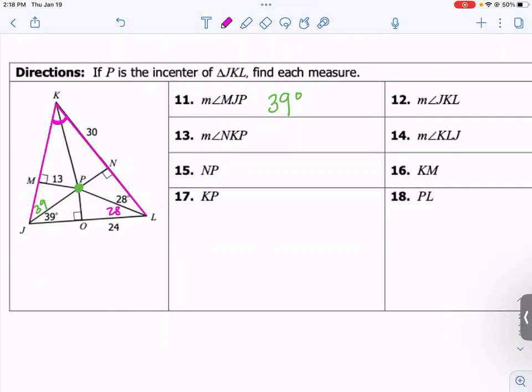So if I know that three angles of a triangle add up to 180, this angle is 54, this angle is 78, what's left over for this third angle? What is 180 minus 40? I thought it was 46.